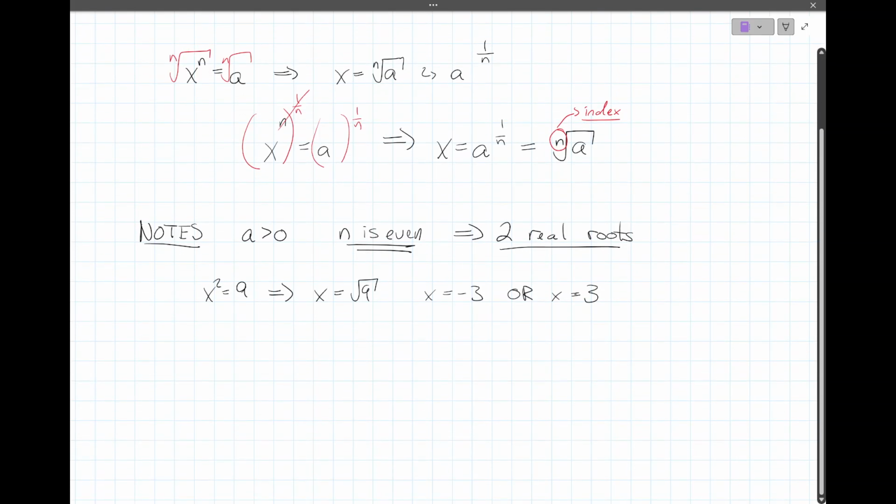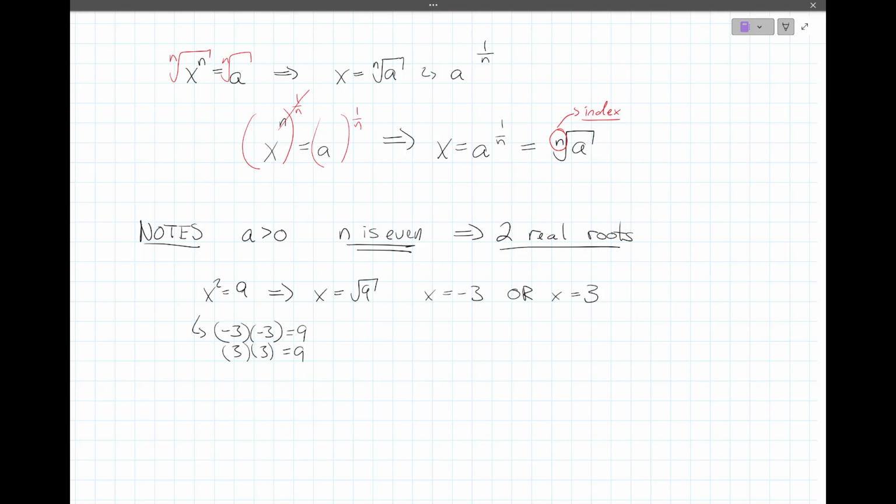If x squared equals 9, there are two numbers that work here, right? -3 times -3 makes 9, or 3 and 3 make 9. So I'm trying to make this original statement true. This is what I want to focus on.